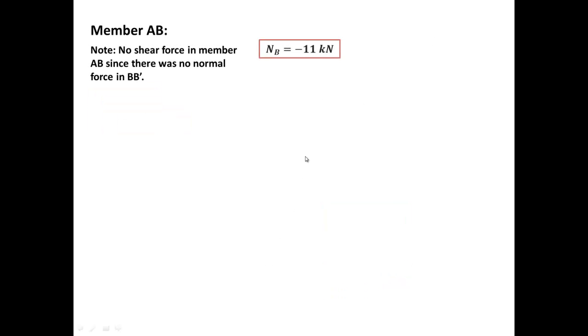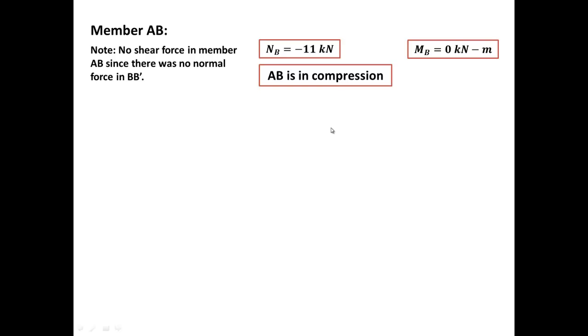Okay, member AB, which I believe should be the last member we're going to analyze. We have a normal force NB, which was -11, but we said it should be in the other direction, so AB is going to be in compression, and we have a moment which is equal to 0.